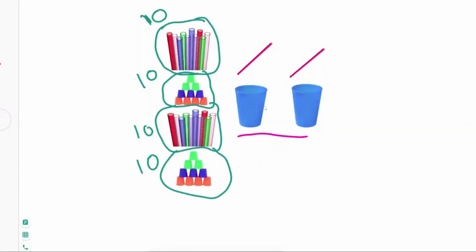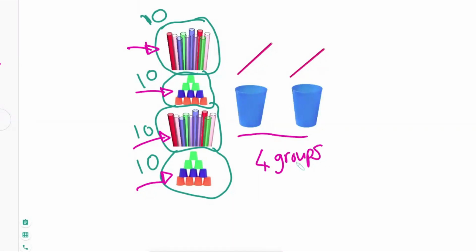Now we have some left over, but we're not going to count those first. The first thing we're going to do is count how many we have in our groups. So, how many groups do we have? We have 1 group, 2 groups, 3 groups, 4 groups. So we have 4 groups.